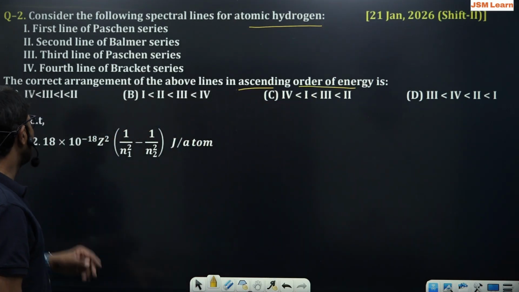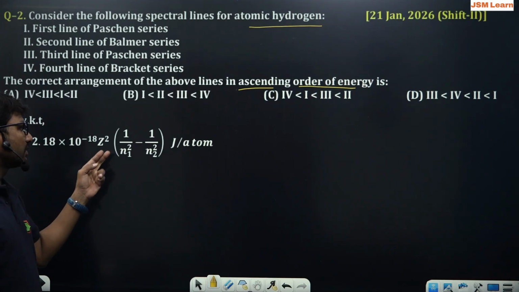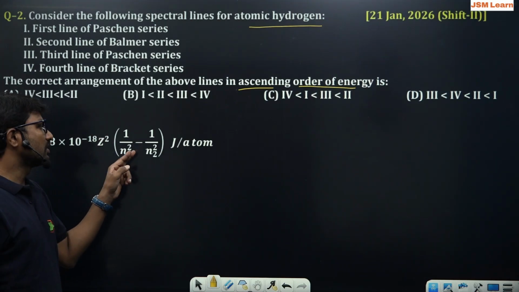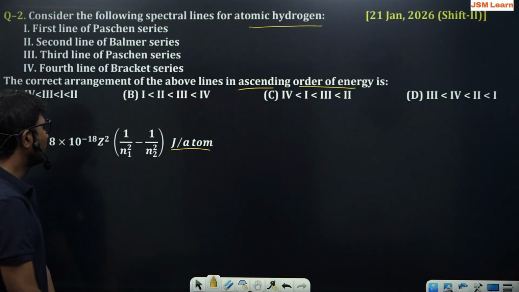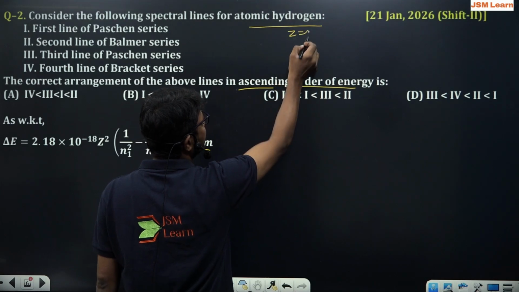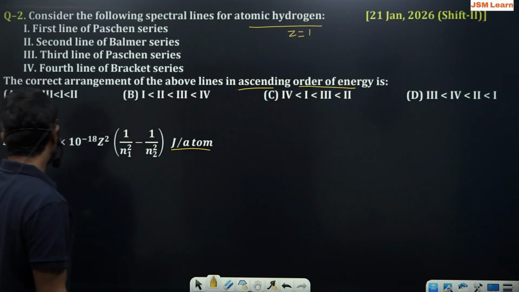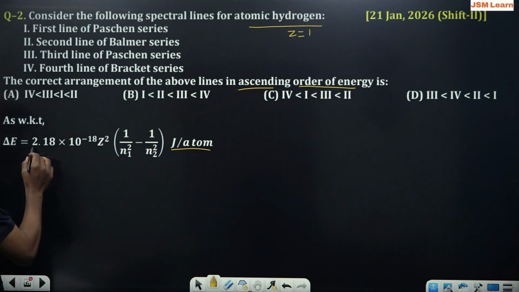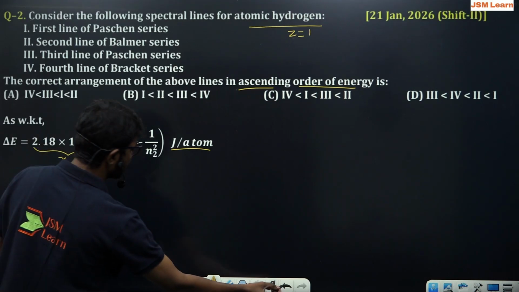As we know the formula for energy, 2.18 multiplied by 10 to the power of minus 18 Z square multiplied by 1 upon N1 square minus 1 upon N2 square in joule per atom units. As they are saying hydrogen atom, Z can be written as 1. On substituting each and every value, this value is going to be constant all the time, so instead of solving for this, I am considering this value as x.